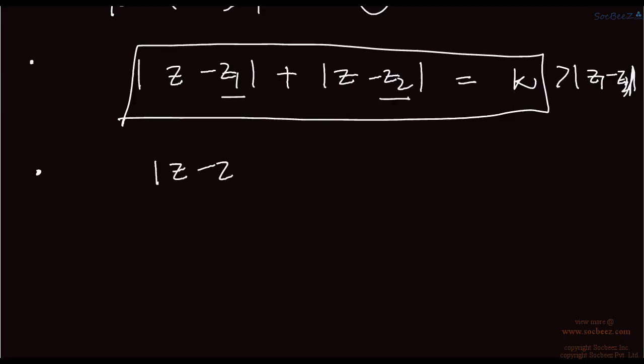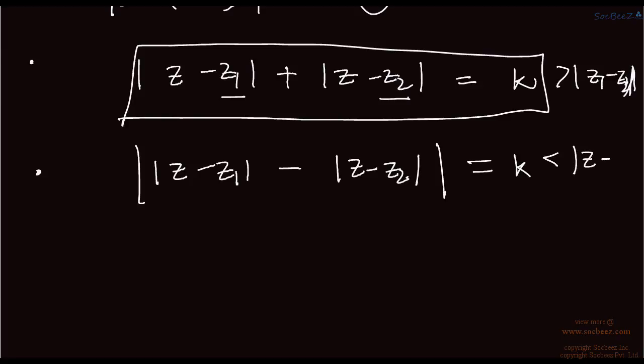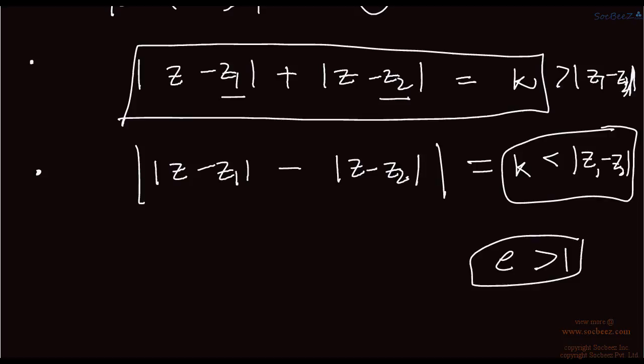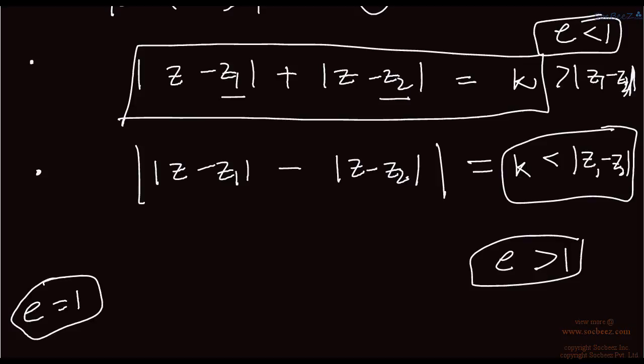Then for the hyperbola, it will be mod of z minus z1 plus mod of z minus z2, okay, this is not plus, it is minus, and the mod of this is equal to k, which is less than mod of z1 minus z2. This inequality is just like the eccentricity. Eccentricity is greater than 1 in the case of a hyperbola and less than 1 in the case of an ellipse. Eccentricity is equal to 1 in the case of a parabola. So this is the case.